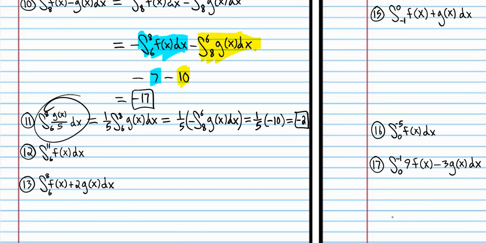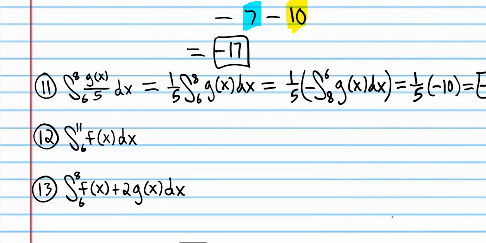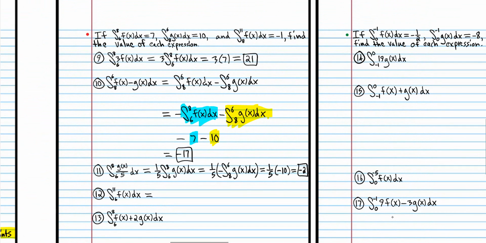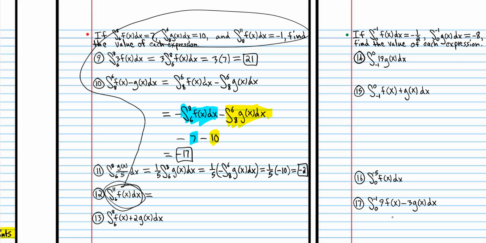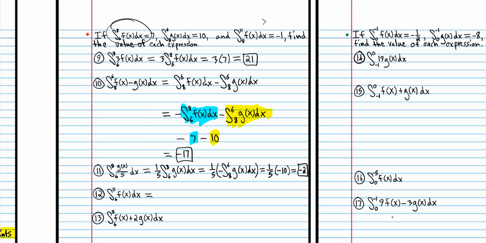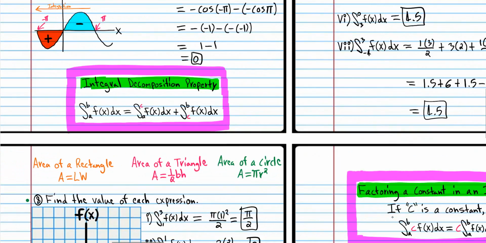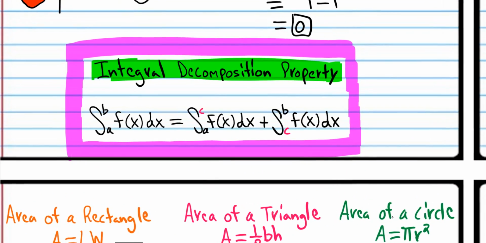All right. So again, we're just using these basic properties of integration. These are going to be very important throughout the calculus curriculum. So now we're going to integrate f of x from 6 to 11, but the problem is we don't have that integral up here. But we do have the integral from 6 to 8 and from 8 to 11. So remember the integral decomposition property? I think that's what we called it.